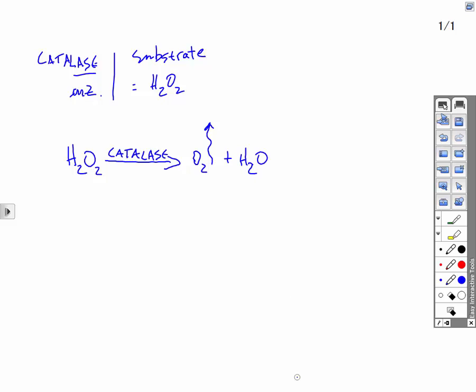all right, so that's not a balanced equation, but I'm not too concerned about that at this point. We could balance it. We could put a coefficient of 2, but that actually gives me 4 oxygens. A coefficient of 2 right here would give me 4 hydrogens and 2 oxygens.